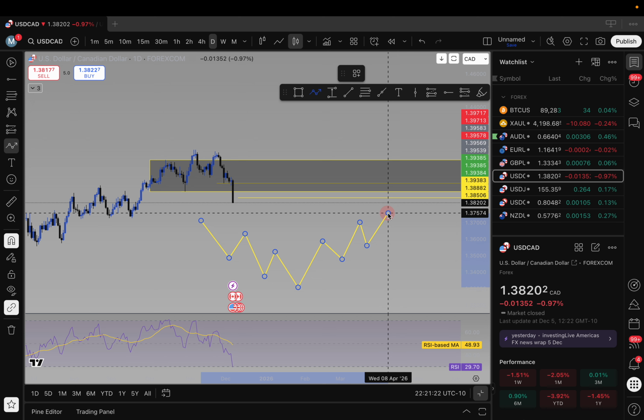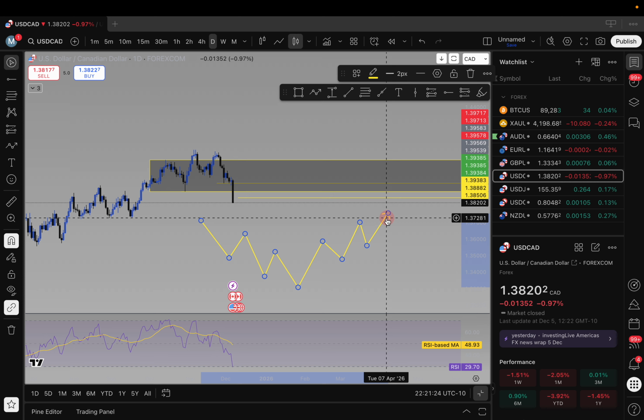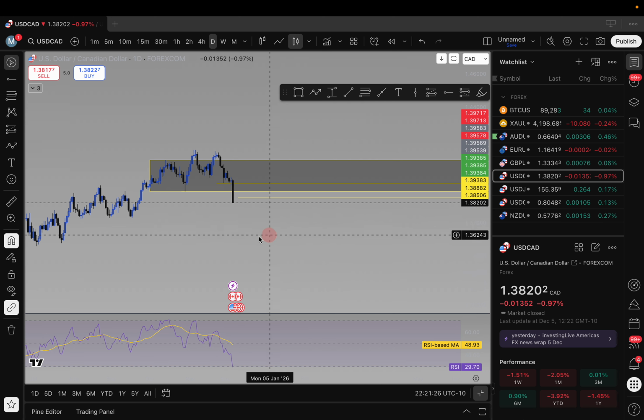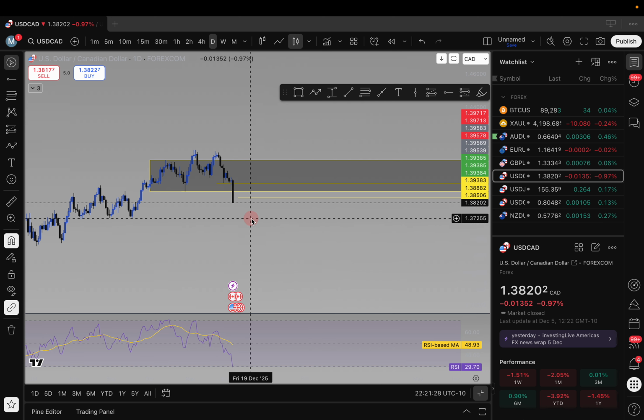That's how the market moves on a daily, monthly, weekly basis. Even if you go down to a lower time frame, that's how the market moves, right?